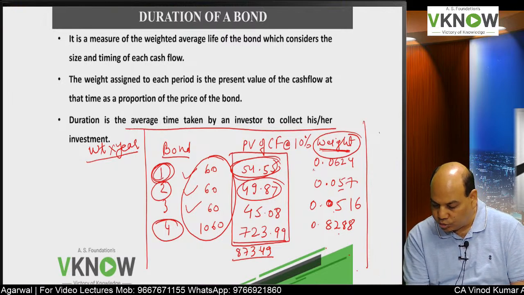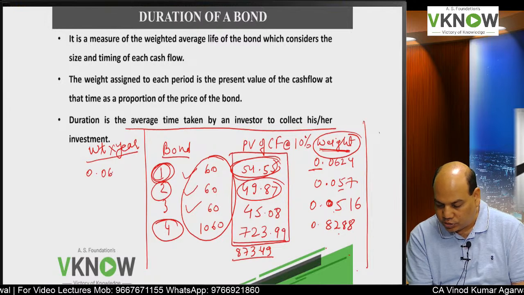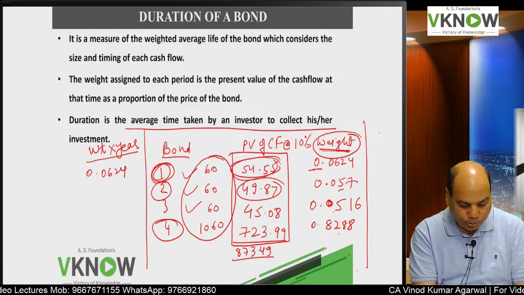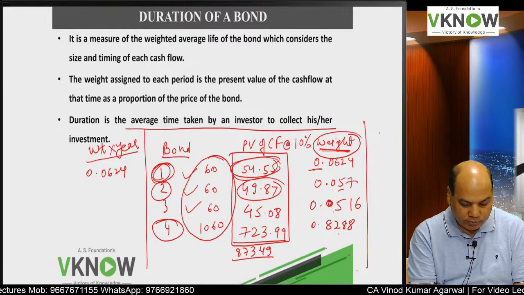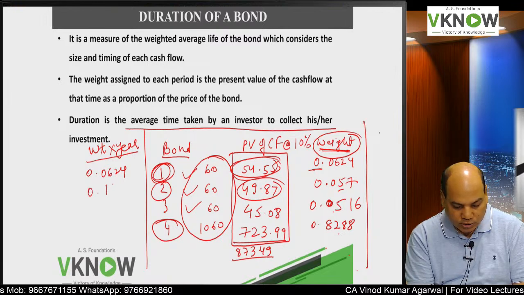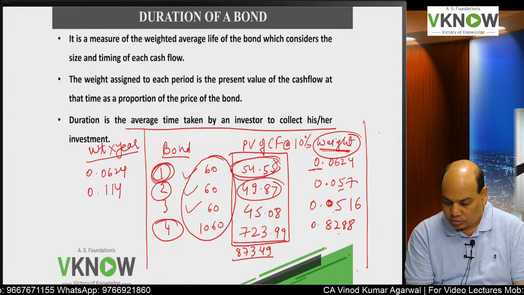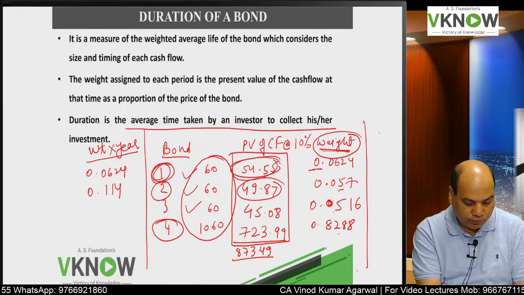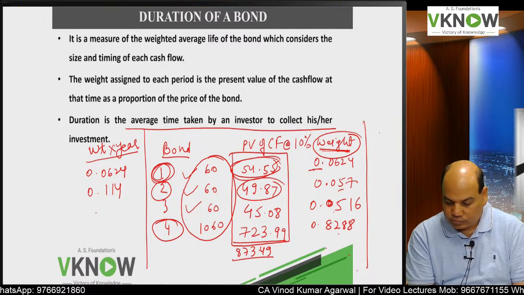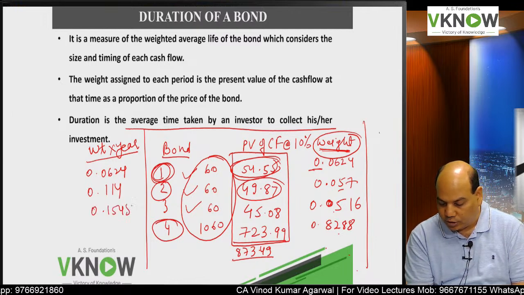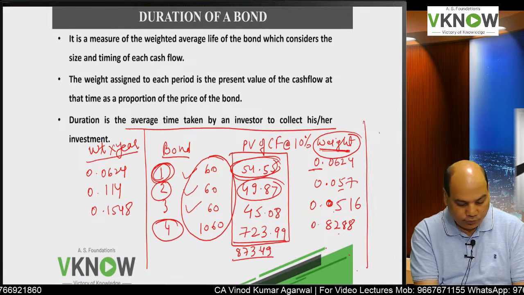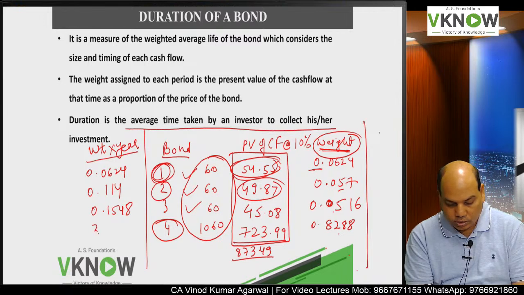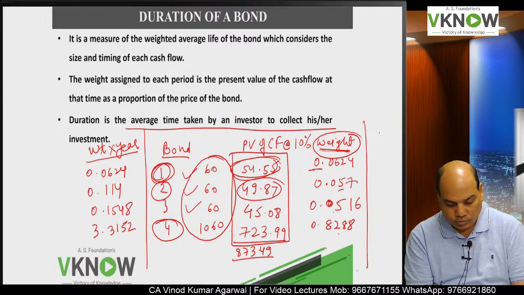So 1 into this weight 0.0624, 2 into 0.057, please tell me what is the answer, 0.114, then 3 into 0.0516 equal to 0.1548, and the last one 4 into 0.8288 equal to 3.3152.